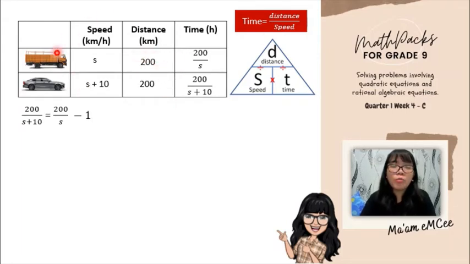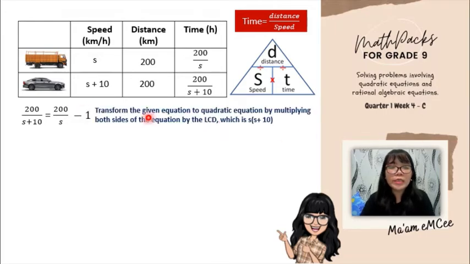So, kung pira man ang distance sa aton nga truck, we need to subtract that 1 by 1 hour, because that will be the time for our car, because the car is faster than the truck. So, that explains why we have this minus 1 sa aton nga working equation.